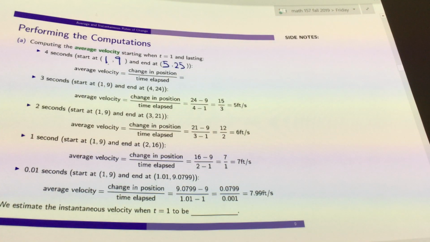I'm starting from a very far point. Actually, t is 1. My target is actually t equals 5.